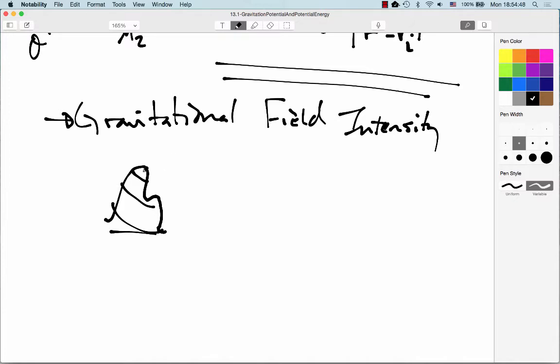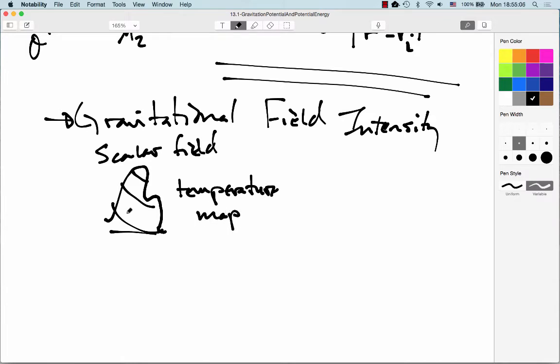You can pick a point on the map and it would return a temperature. This would be what we call a scalar field. So attached to each location in space is a scalar number, in this case the temperature.